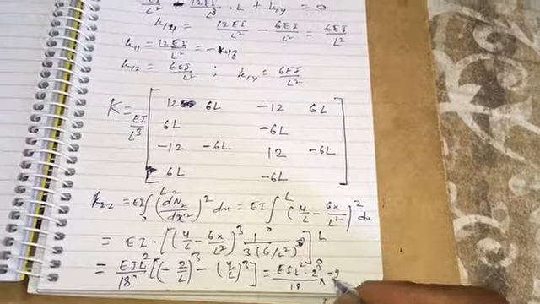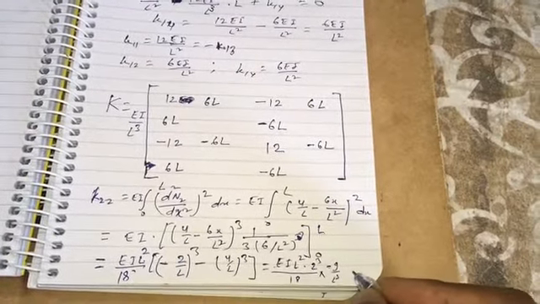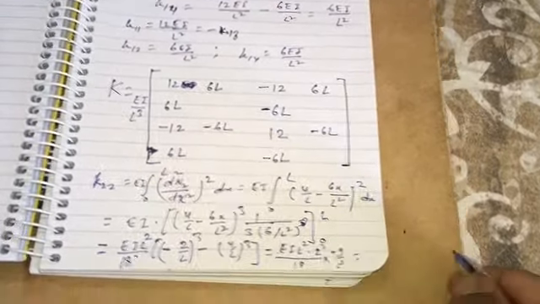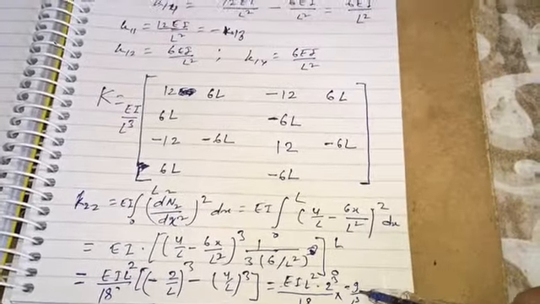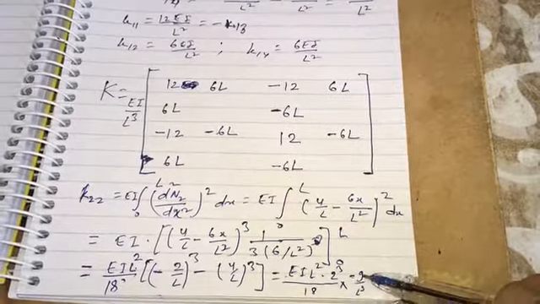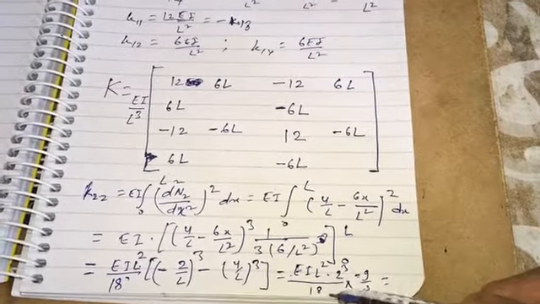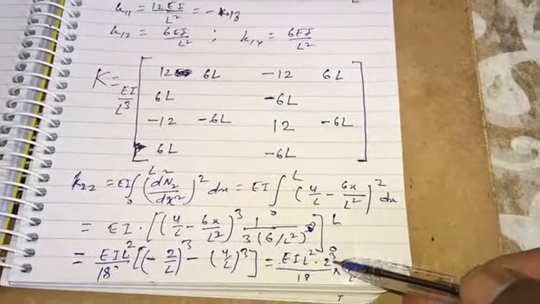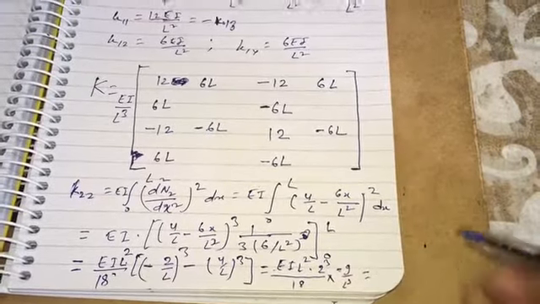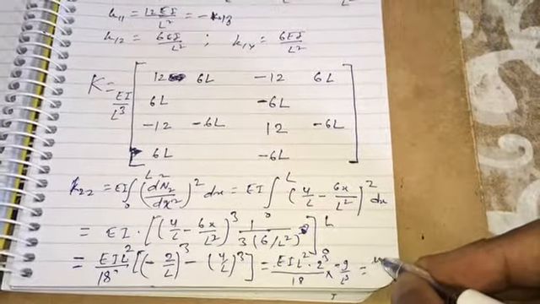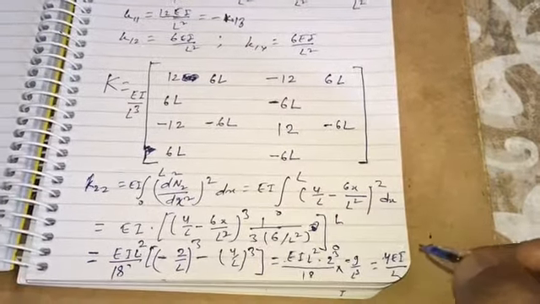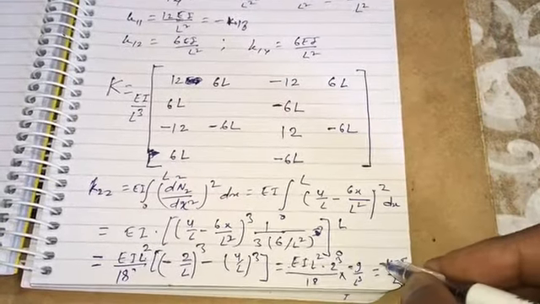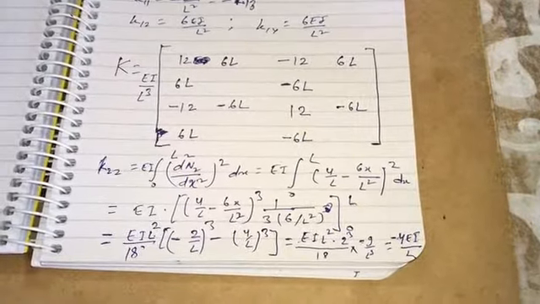Okay, so the value that we get will be, so 9 becomes 2 here, becomes 4 here, so 4 EI over L, plus or minus, it will be minus like this.